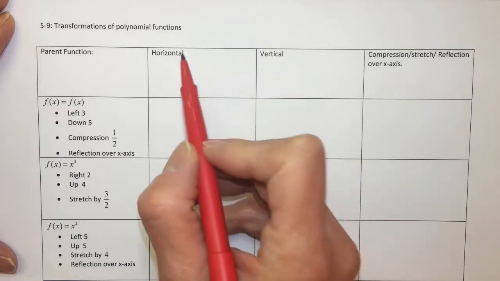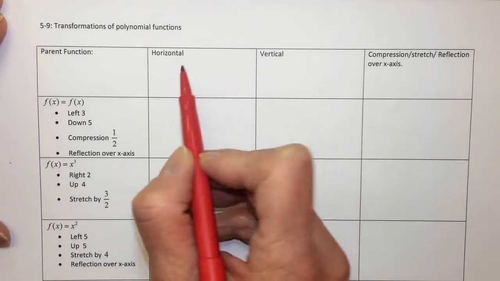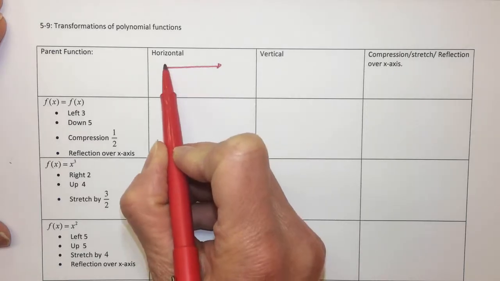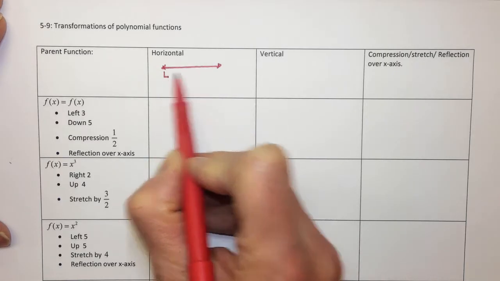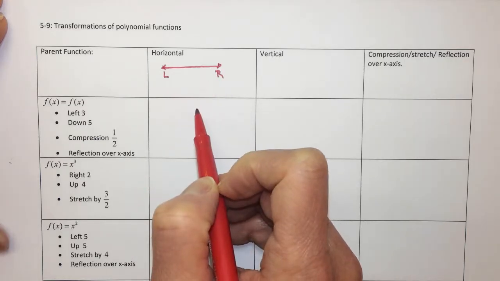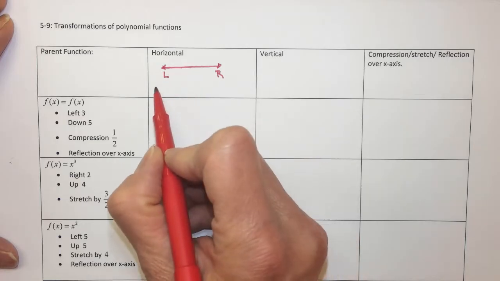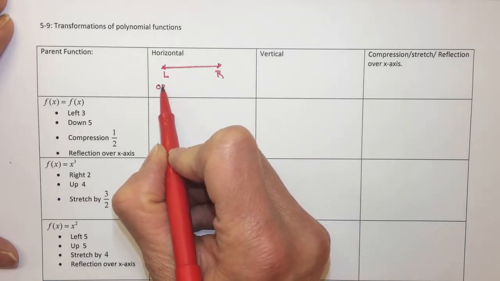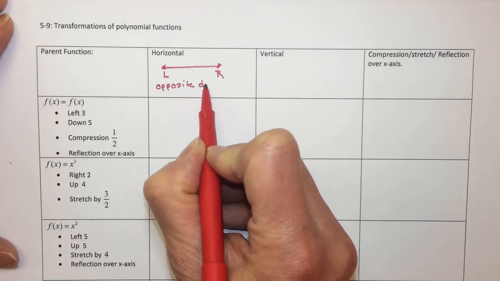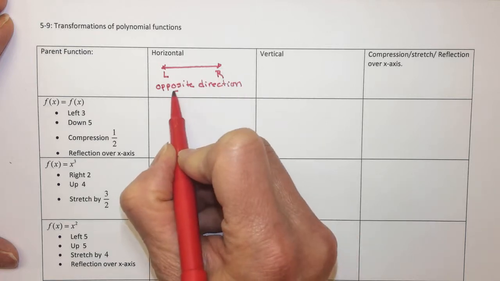So the first thing I want to point out is if we're doing a horizontal transformation, that means we're going to be looking at a transformation of the function either left or right from where it originated from. The other thing that you need to keep in mind is it's going to be in the opposite direction from the sign that you see.